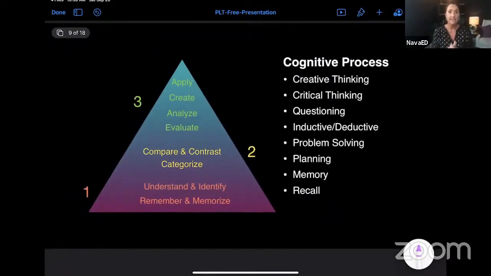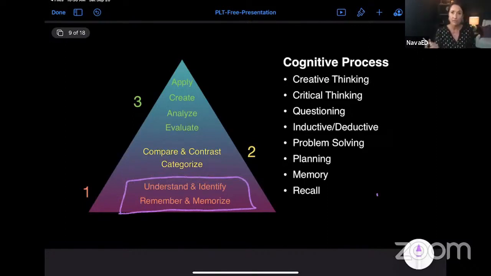Now, this is a modified Bloom's taxonomy pyramid, okay? And I use this when I teach teachers. Don't get too wrapped up in, does apply go here? Does evaluate go here? It doesn't matter, okay? There's some things I want you to understand about this pyramid, all right? First of all, at the bottom are these skills: understand, identify, memorize, and remember.